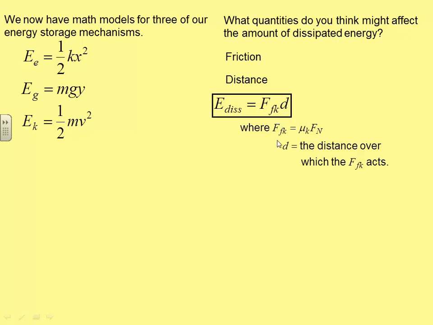We also need to remember that we can calculate the force of kinetic friction with the equation mu sub k, which is the coefficient of kinetic friction times the normal force. And d, again, is the distance over which the force of friction acts. So EDIS is really one of the only ones of our math models where sometimes we're going to have to calculate a little something, the force of friction, before we can actually calculate EDIS.